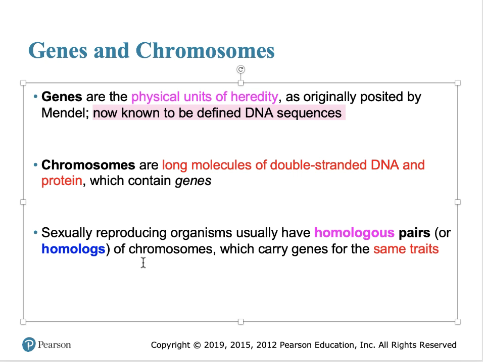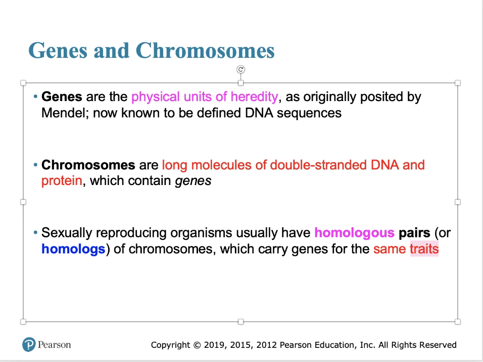And because they are almost identical, they carry the same genes at the same positions, therefore specifying the same traits. So the word trait can be substituted for the word characteristic. So you need to become familiar with this terminology.